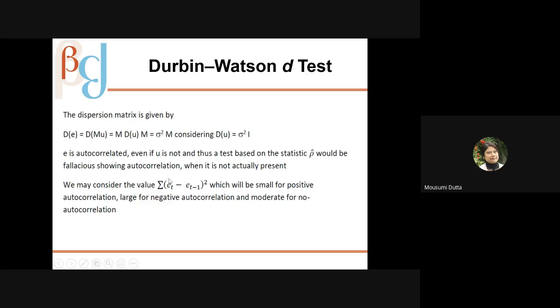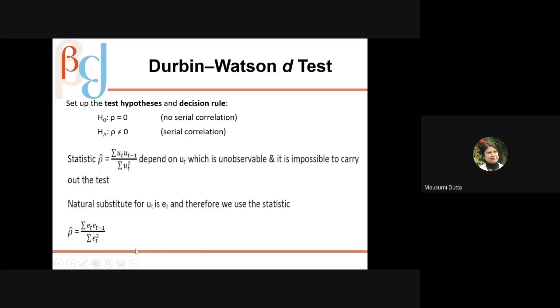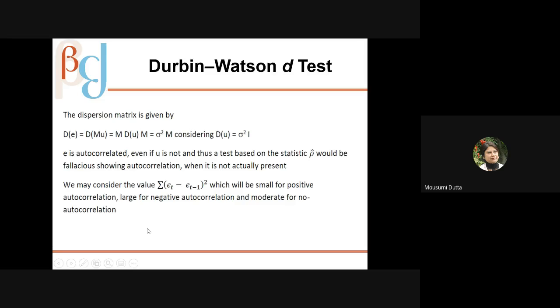So we have to modify the D statistic. Though e is observable, we cannot consider it in this raw form because it will always show autocorrelation. So we may consider summation (e_t minus e_{t-1}) whole square, which will be small for positive autocorrelation, large for negative autocorrelation, and moderate for no autocorrelation.